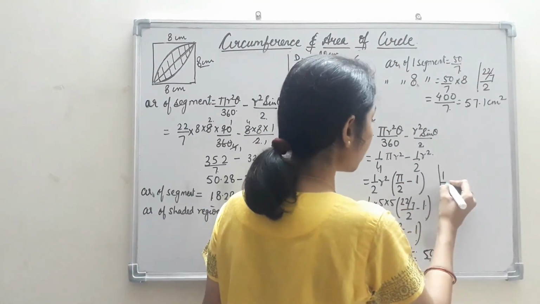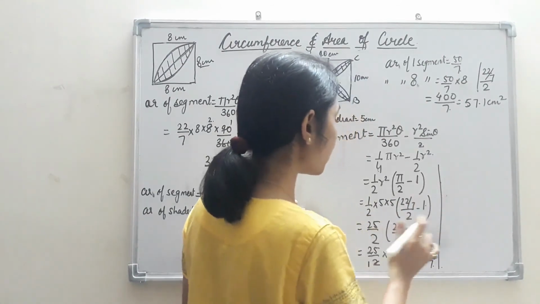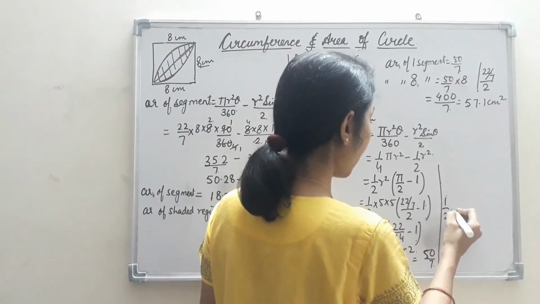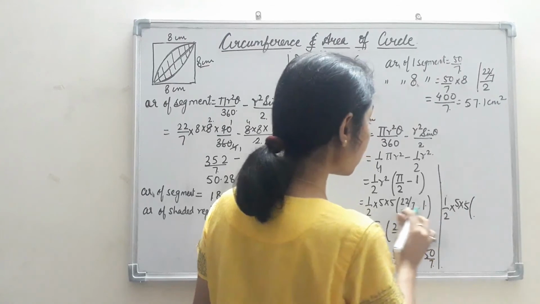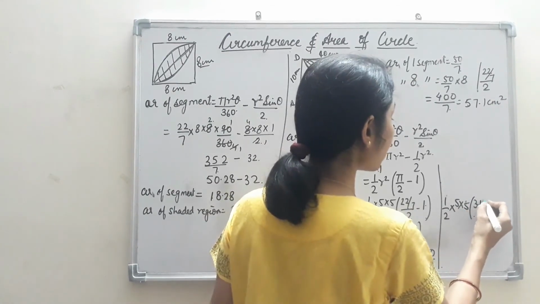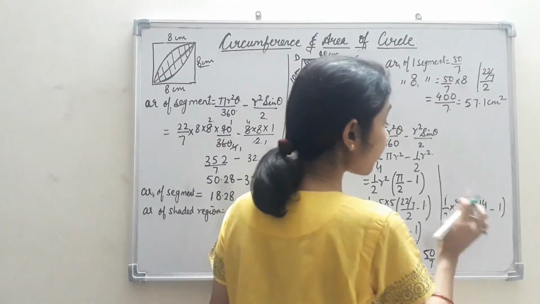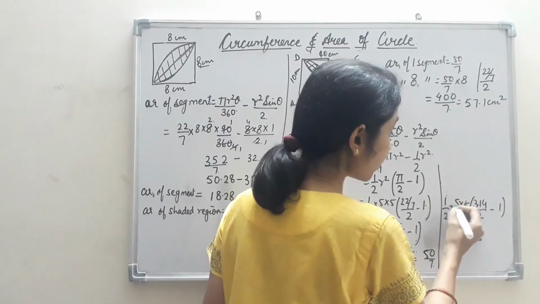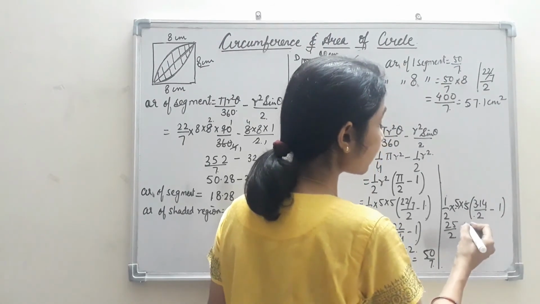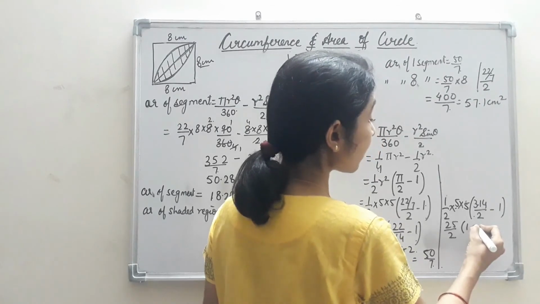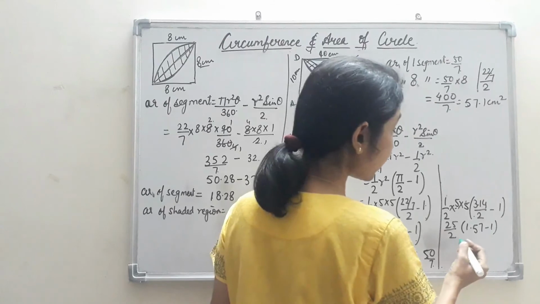Now 1 upon 2 r square, and here we are having pi upon 2, so here we have substituted 22 upon 7 in place of that, half into 5 into 5 multiplied by this 22 upon 7 in place of that, if I put 3.14 upon 2 minus 1. Okay, now 3.14 upon 2 gives me, now here I am having 5 into 5, 25. 25 upon 2 and 3.14 divided by 2 gives me 1.57 minus 1.